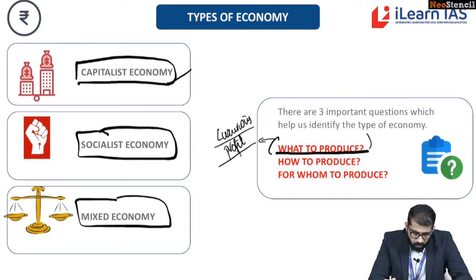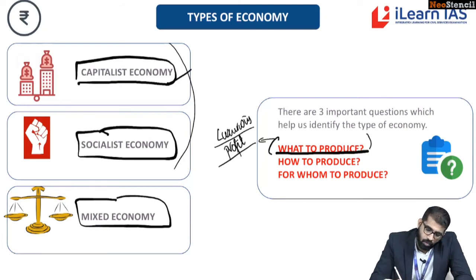Now, as we have done with capitalist economy and socialist economy, before going to the mixed economy, I want you to understand how mixed economy came into origin. So, we have to go back to 1777.